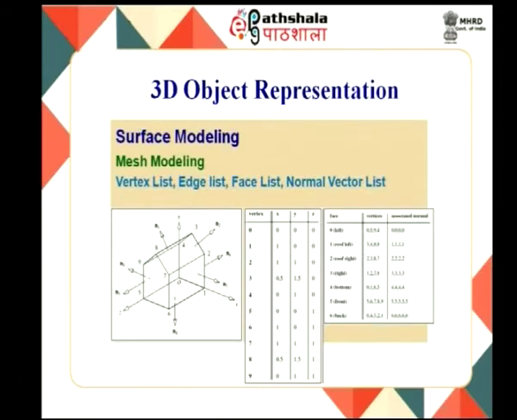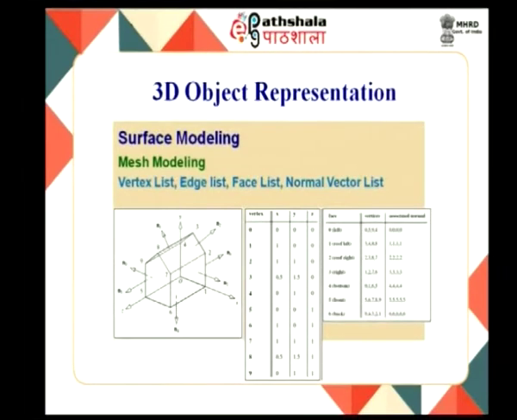Geometric attributes correspond to the position and orientation of the polygonal mesh. When you have to maintain data corresponding to a polygonal mesh being used to model a 3D object, we store it in various lists. We have a vertex list, an edge list, a face list, and one important list that is not discussed so far, which is the normal list.